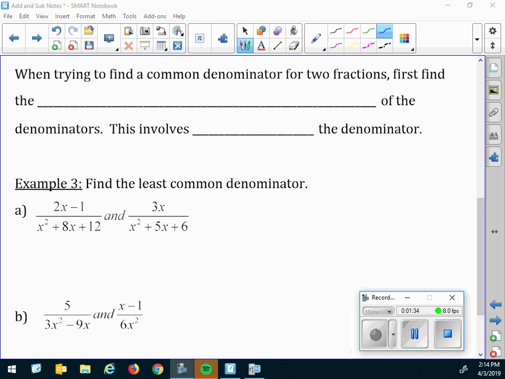I don't know what's expected to be in these blanks, but what I'm going to put in them is we're going to find the common denominator. Let's put the common denominator of the... that's what we're going to put, as dumb as that sounds. First find the common denominator of the denominators.